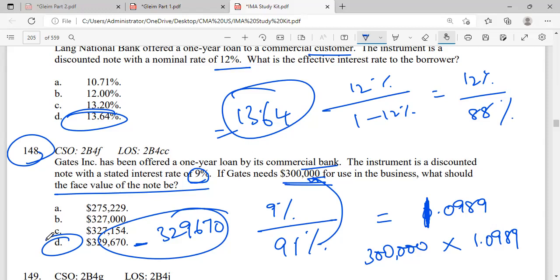Just see this in a reverse calculation. 329,670 into 9% is equal to how much? Are you guys doing it with me?